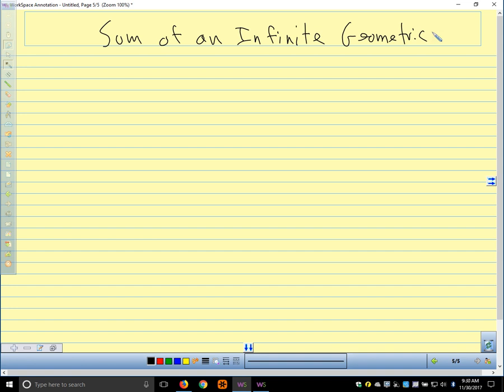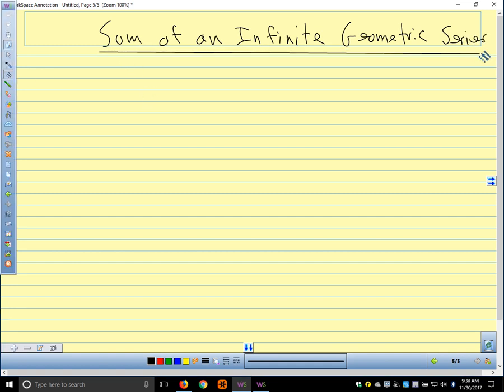Our book doesn't use series until we talk about an infinite sum. So I'm going to say sum of an infinite geometric series. Usually series means we're adding the terms of a sequence.